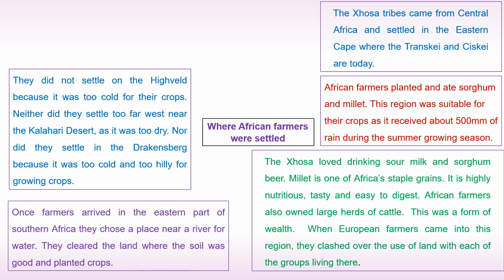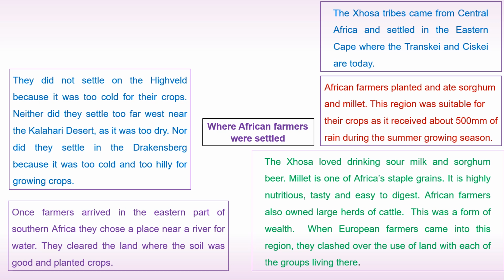They did not settle in the highveld because it was too cold there, nor did they settle in the Kalahari Desert because it was too dry, and the Drakensberg was too cold and hilly, so they couldn't plant crops.